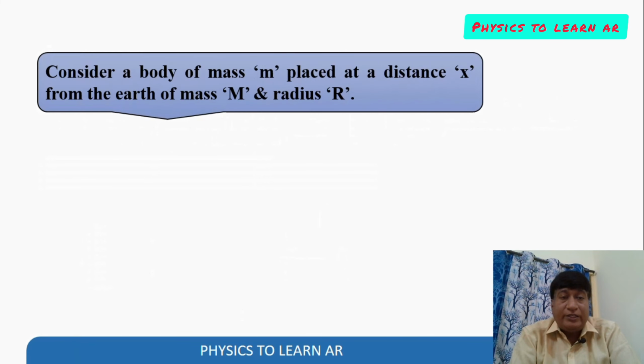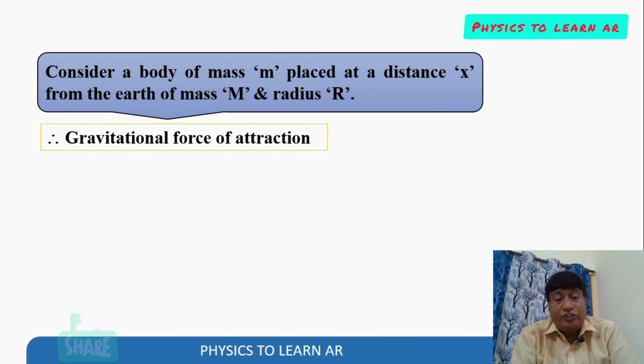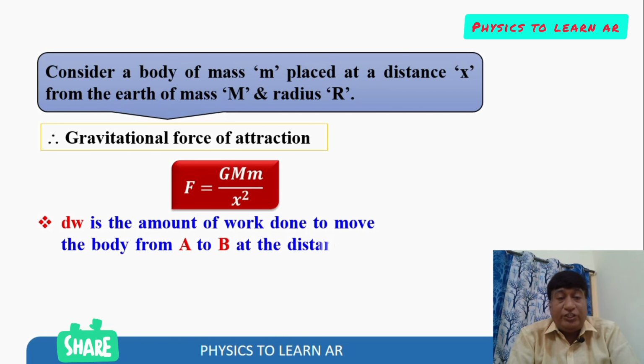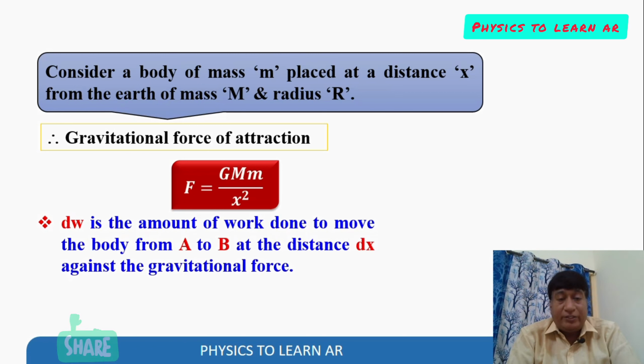So consider a body of mass m placed at a distance x from the earth of mass M and radius r. Whenever we have two bodies, between them there will be a force of attraction. That force of attraction is G M m by x square. In order to move from A to B, we have to do some work.